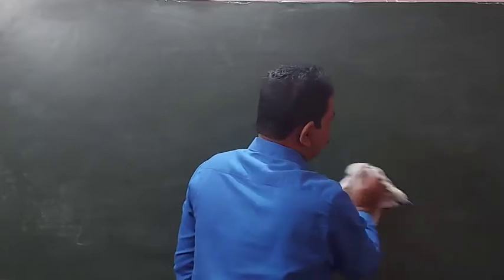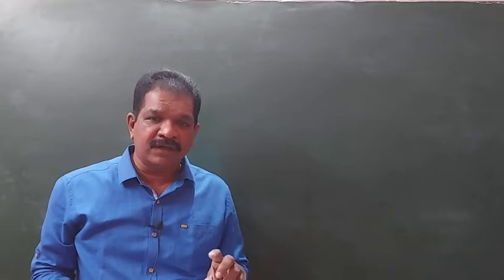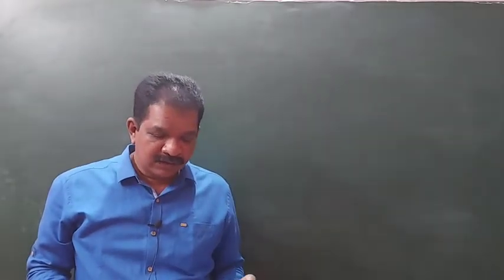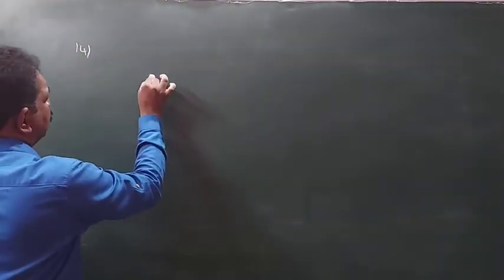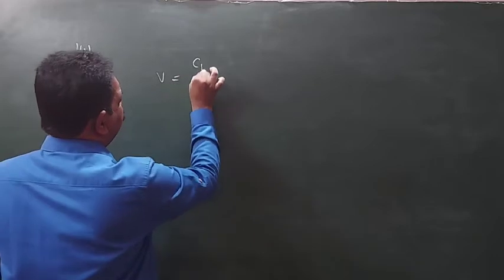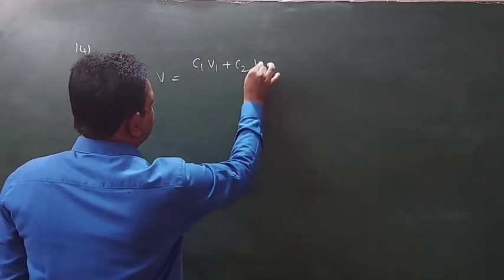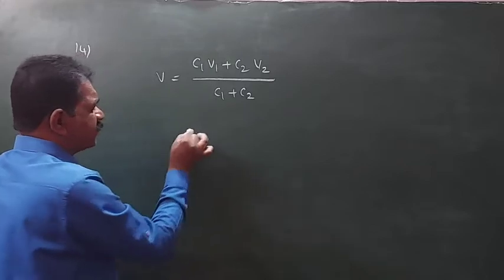When two capacitors having different capacities and different potential differences are connected by a wire, then the common potential formula is V is equal to C1 V1 plus C2 V2 by C1 plus C2.